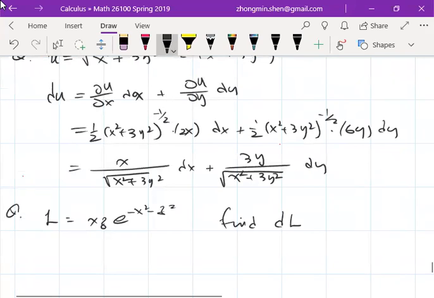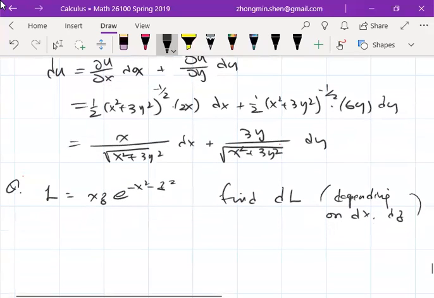dL depends on dx and dz. The idea is very simple. dL is going to be partial with respect to x times dx. There's no y there, so don't worry about it.